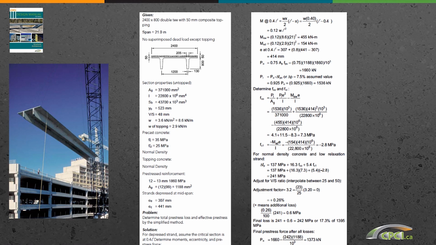where the original stresses? Yeah, 1660 kilonewton. This is what we started with, and after the release, we have a little bit of losses that went down to 1536 due to the anchor setting, and then the long term are referred to by these two components, and therefore by adding up all of them, we'll end up with 241 megapascal, which is essentially, it's not shown here on the screen, unfortunately.